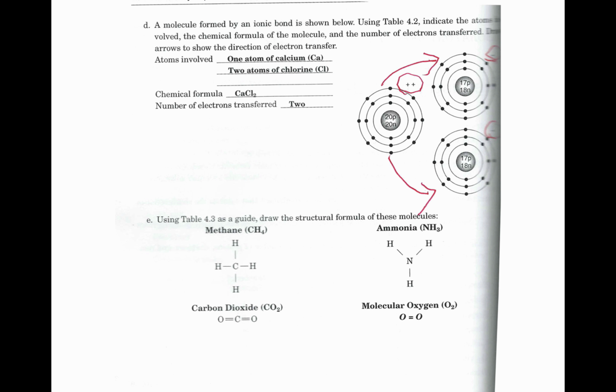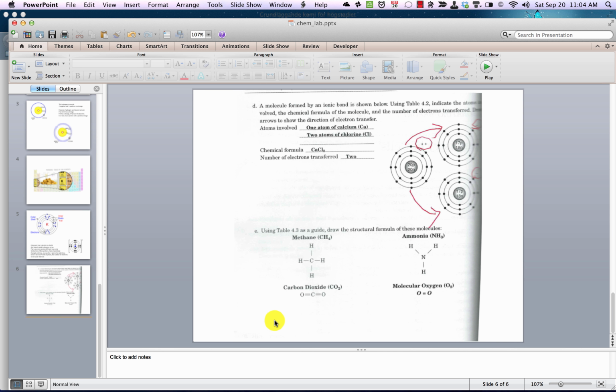It's got 4 electrons in its outer shell. It wants 8. So in this situation, it is going to share 2 with oxygen and share 2 with the other oxygen. So oxygen thinks it has 8 in its outer shell, and carbon thinks it has 8 in its outer shell.